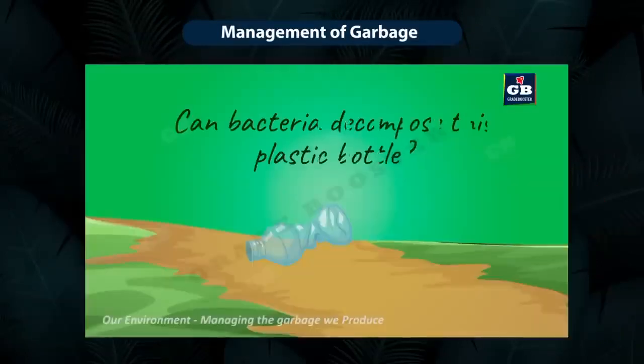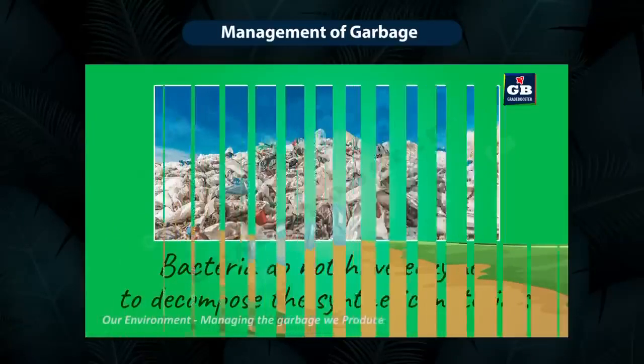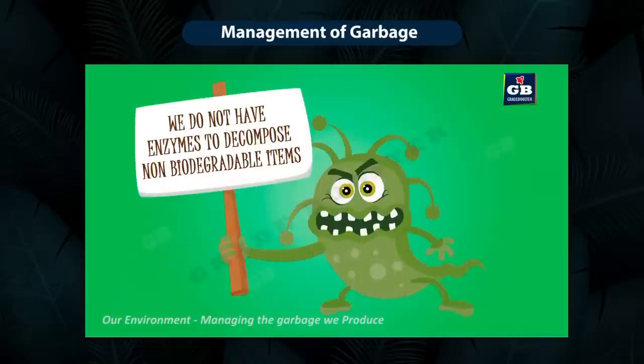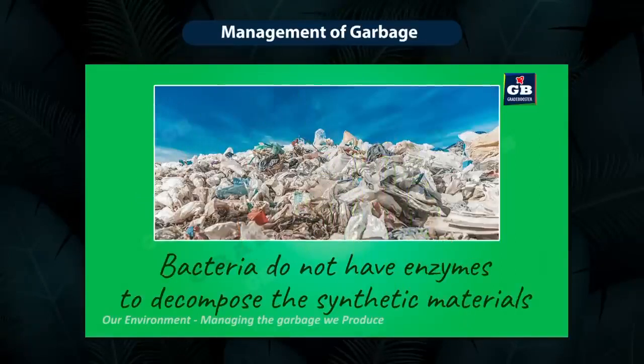But if you throw plastic bottles in the soil, can they be decomposed by bacteria? No, because if an object has to be decomposed, the microorganisms should have the necessary enzymes to decompose it. But microorganisms do not have the enzymes to decompose items like plastic, nylon, etc. So, this kind of synthetic materials do not get mixed up with soil for a very long period of time.